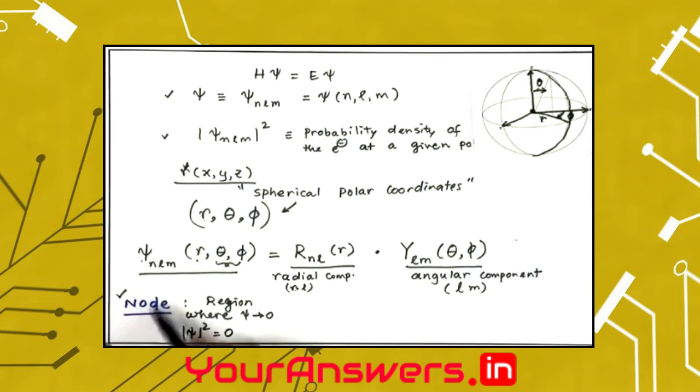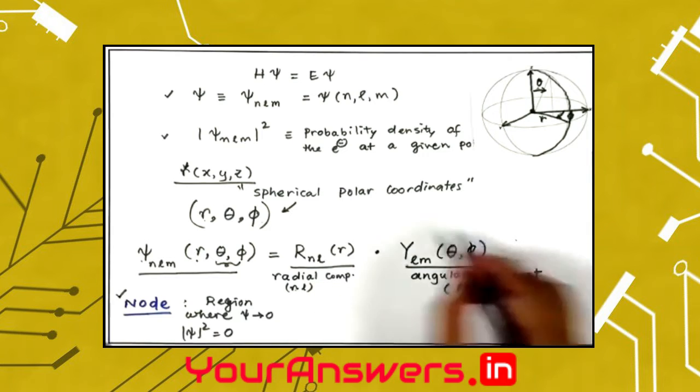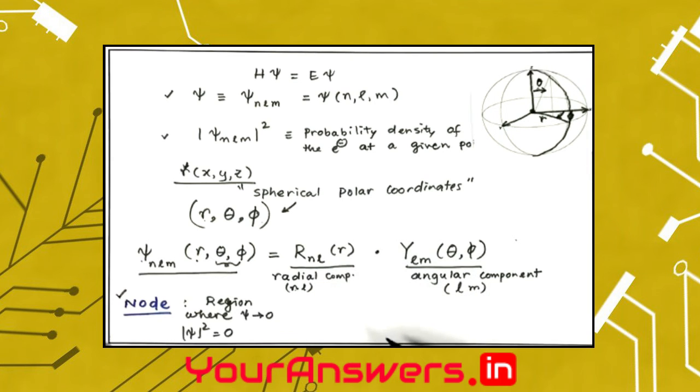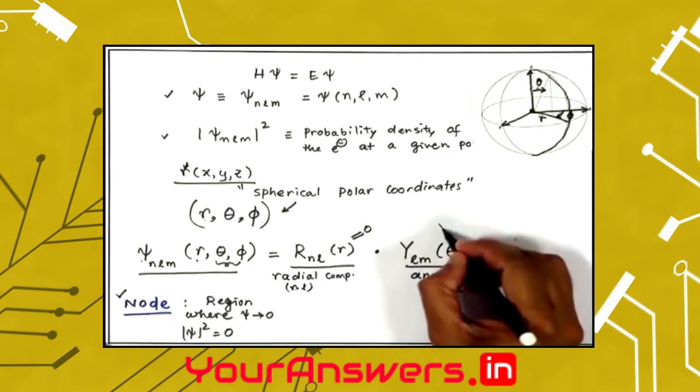We will get a node if this wave function becomes 0. This wave function psi has two parts, one is radial part, another is angular part. So, how can this wave function be 0? It can either be 0 when the radial component is 0 or it can be 0 when the angular component is 0.